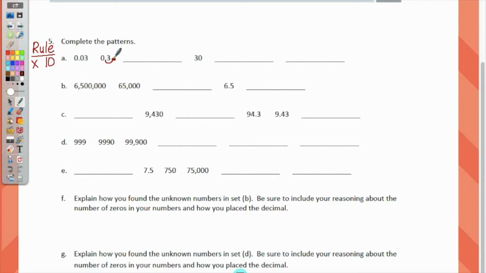You don't need to use your iPad for this one, but we will for some of the others, okay? So this is going to be 3, right? Yes. And I'm going to erase that. My decimal's after the 3. Do I need to write it down? No. What about the next blank? Do I have to hop a decimal?